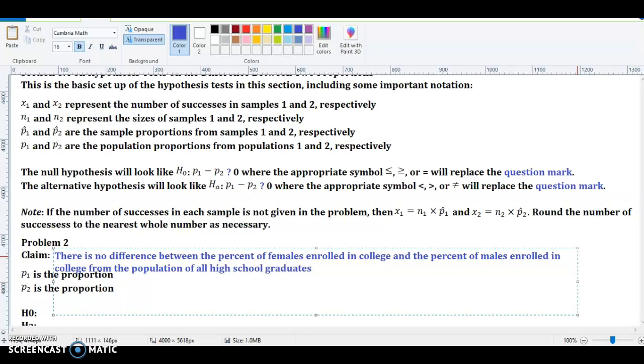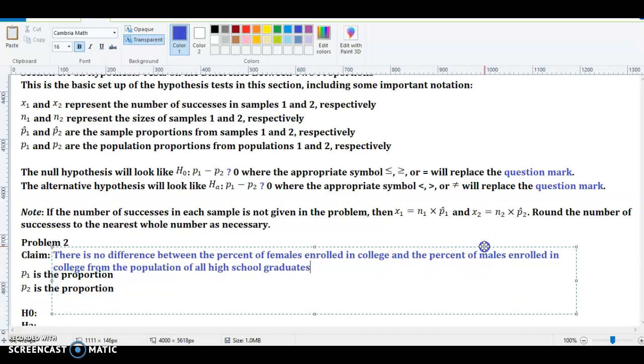Okay, so I added that last part there. So it's understood that we're studying high school graduates who are enrolled in college. That's understood from the problem. So there's no difference between the percent of females enrolled in college and the percent of males enrolled in college from the population of high school graduates. Okay, so that's the claim that was given to us in the problem.